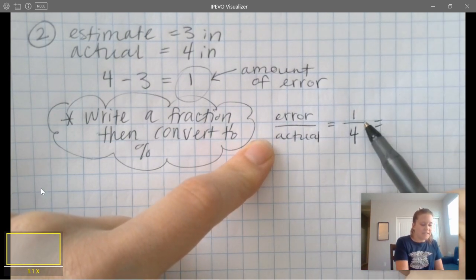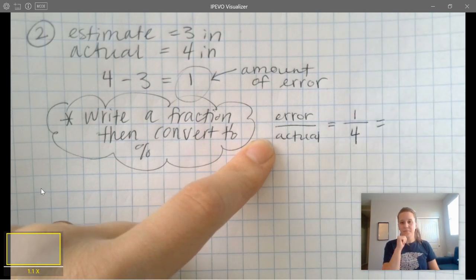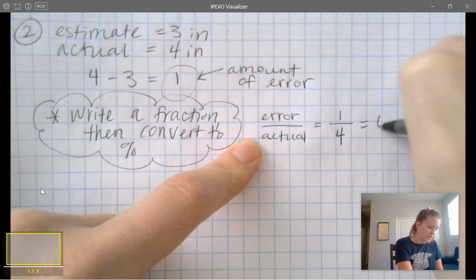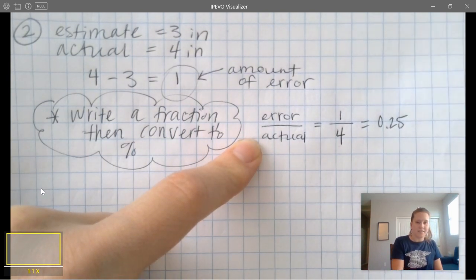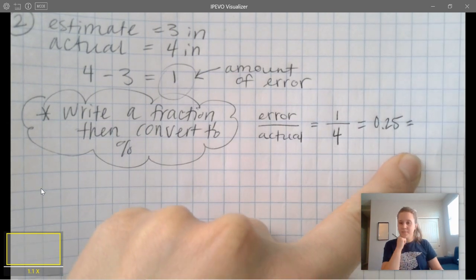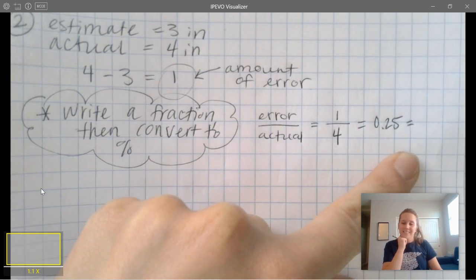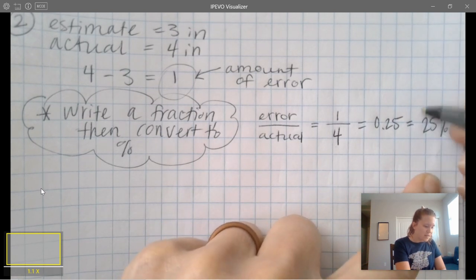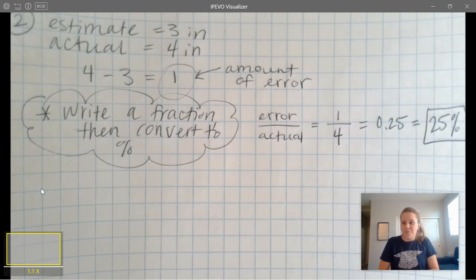What is 1 divided by 4? Yes, 0 and 25 hundredths. What is 0 and 25 hundredths as a percent? Yes, 25%. Her percent error, or his, I don't know, was 25%.